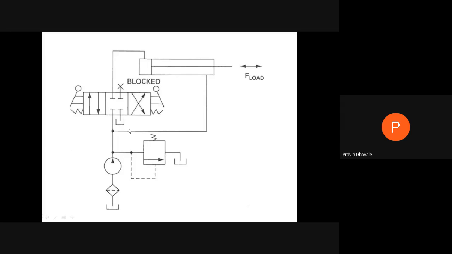In this way, keep in mind that in a regenerative circuit, we utilize the discharge fluid from the cylinder, adding a certain volume of fluid to the volume coming from the pump, in order to increase the extension speed of the cylinder.